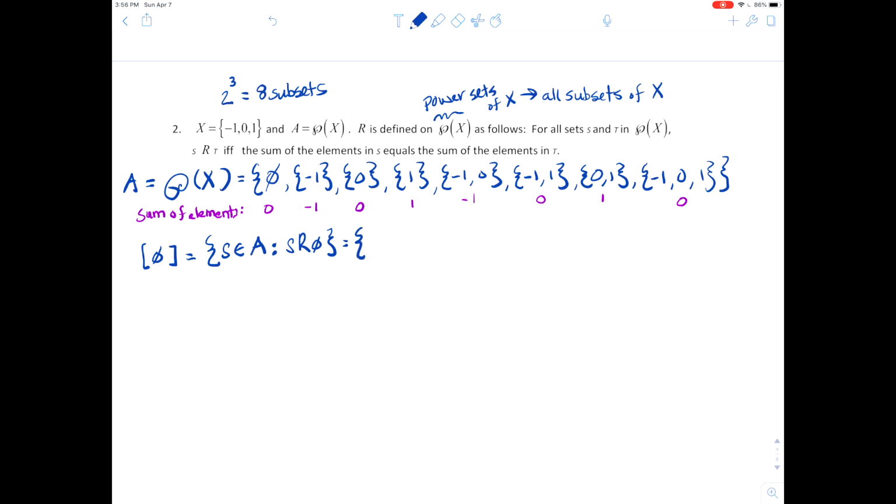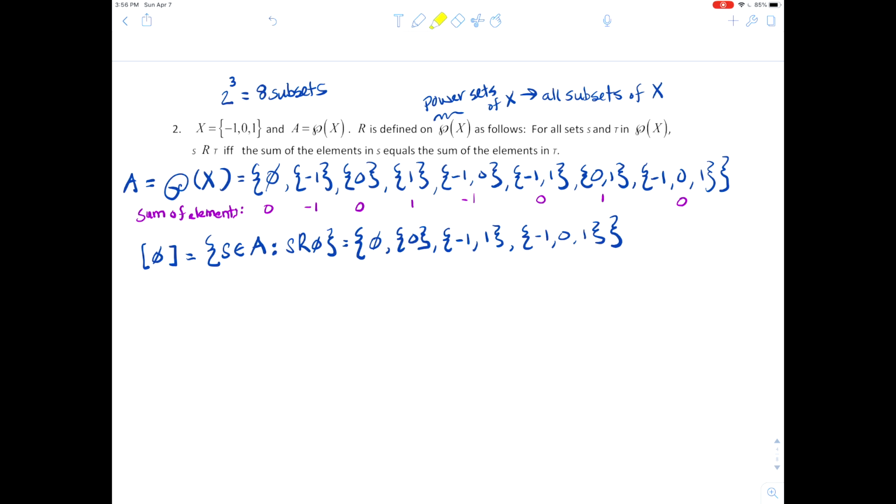So our inputs will be what? Wherever we see the zeros, that's what we're looking for. So the empty set, it has 0 elements, so we can say that sums to 0. And then what other ones? Beautiful, the set which contains the element 0. And the set which contains the elements -1 and 1. And the set that contains -1, 0, and 1. And that's all one set.